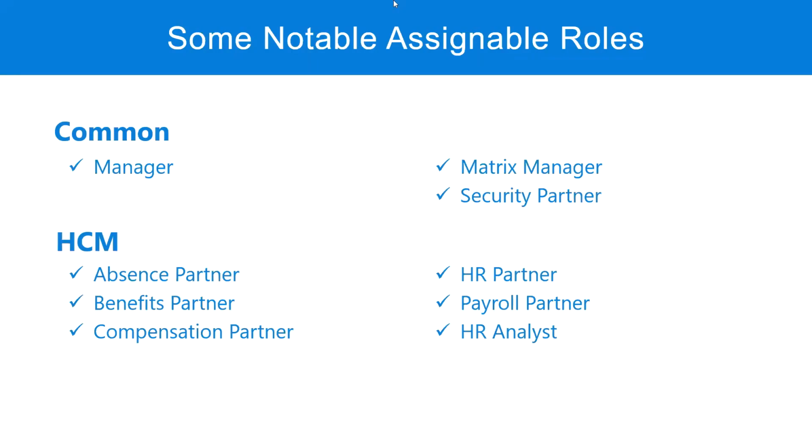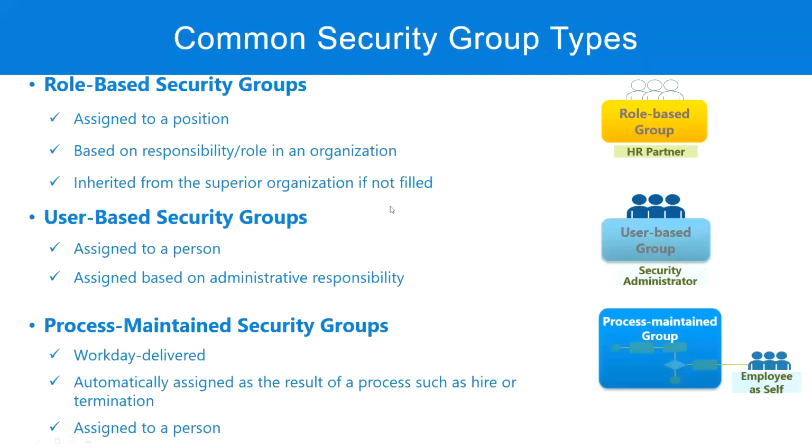Then what happens? Who does the actual work? It is inherited. If there is a role assignment done at the superior organization level, then it will be inherited from the superior organization. Yes.